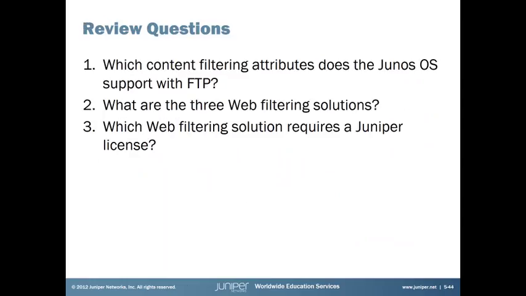Questions? What are the 3 web filtering solutions? So essentially we have got the options of going with just a blacklist, whitelist option. We can have a local server or we can have an online server. Those are the 3 options there. Which web filtering solution requires a Juniper license?